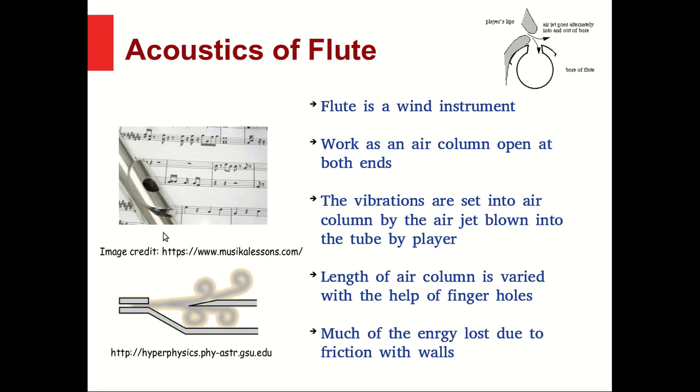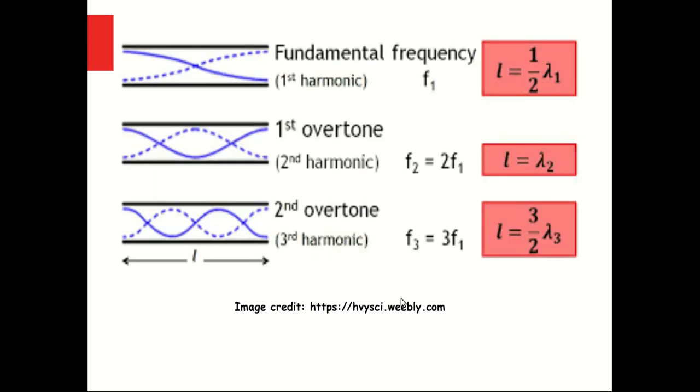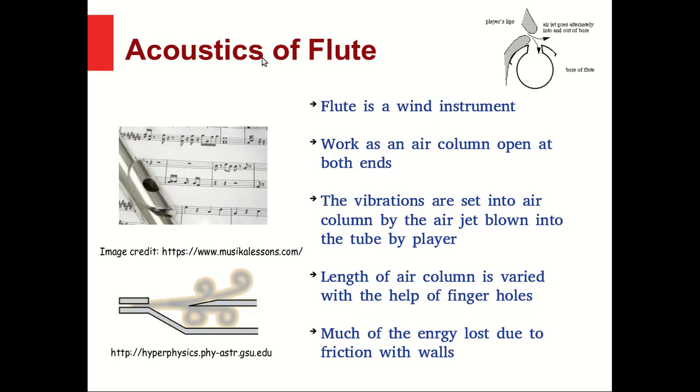Now, as these pressure packets travel through this cylindrical body of the flute, and as we have said, a flute is just like an air column which is open at both ends. A flute is nothing but an air column which is open at both ends.